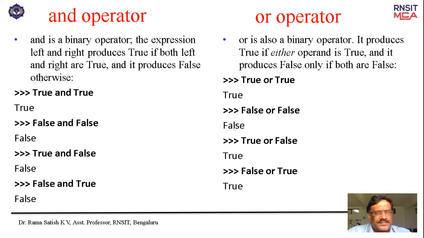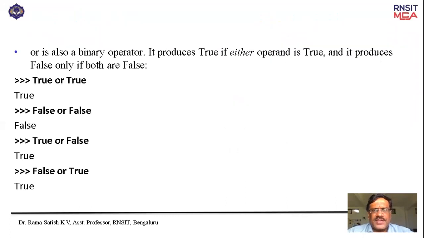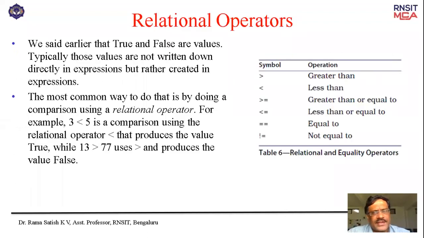Of course, you get these Boolean values with some set of expressions. Such expressions we call relational expressions, and relational operators are there. So whenever you construct an expression with a relational operator, it always returns either a true value or a false value.